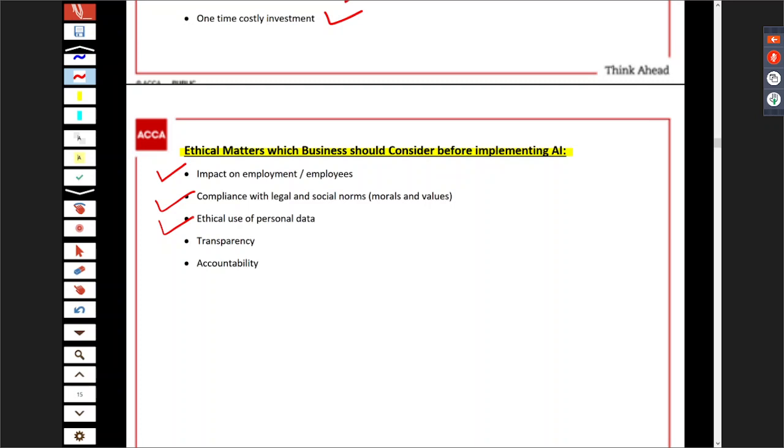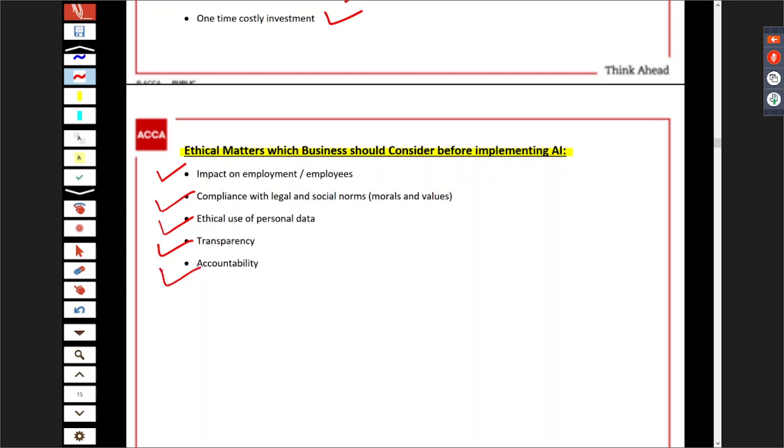That's unethical, to misuse someone's data. That's a very ethical issue these days. Privacy and personal data. Transparency is important, that whatever the machines do, it should be transparent. Transparent means that people should know what it is doing, how it is doing. It can be subject to audits, stuff like that.